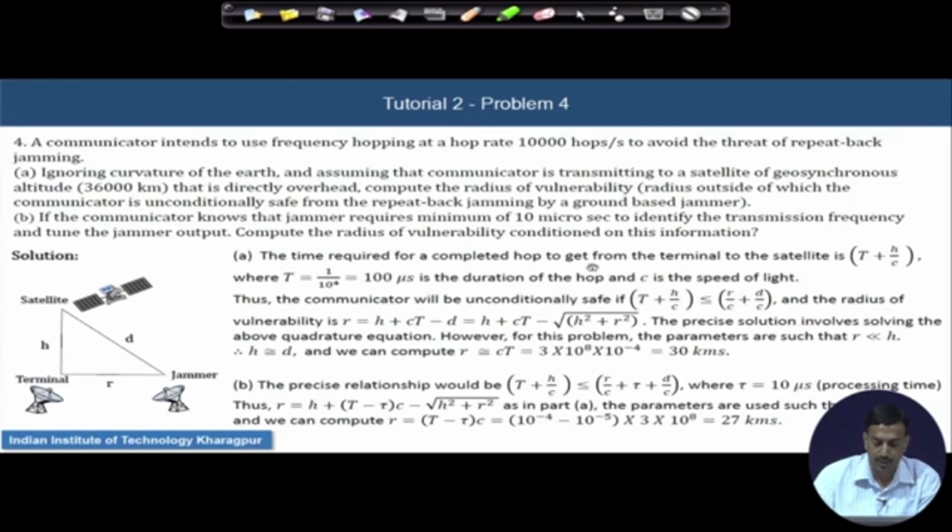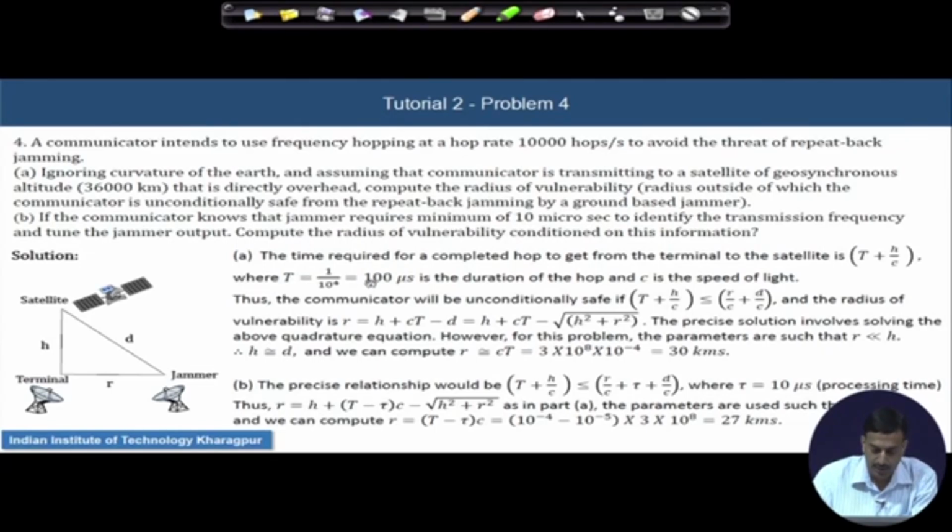In order to find that particular radius, we first calculate the time which is required to complete a hop from the terminal to the satellite. There are two elements which comprise this time. One is the duration of the hop, because every hop will occupy a certain time duration, and that is calculated based on the data provided to us.